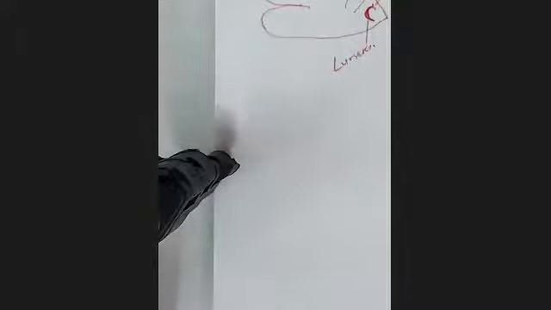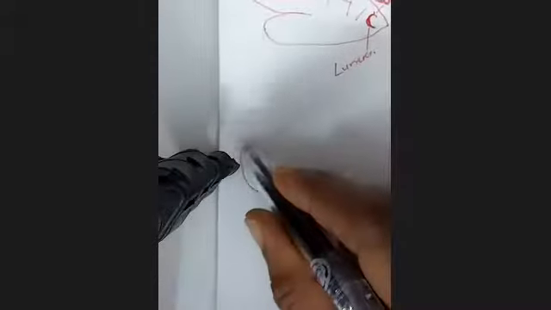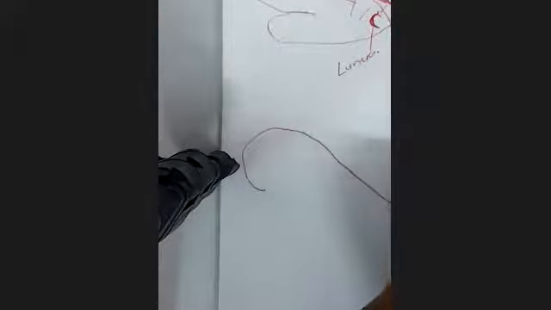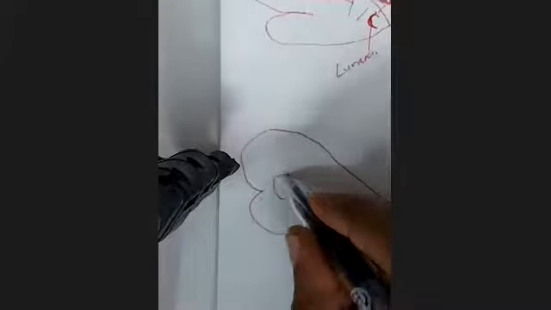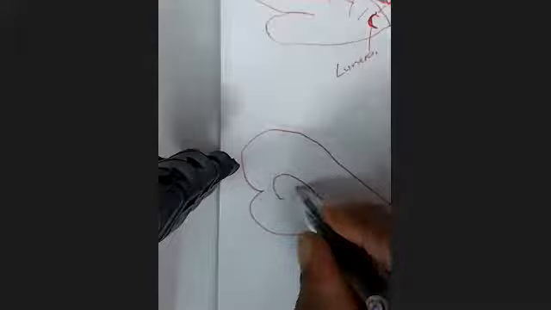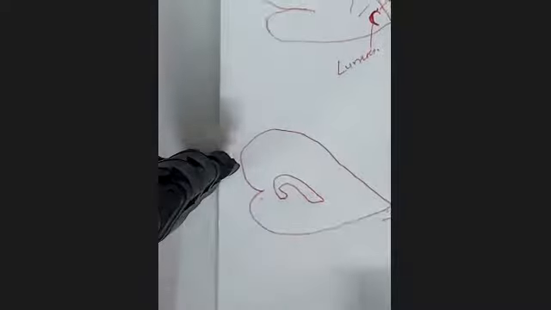Now let us go to the medial surface and see how the sulci and gyri are there on the medial surface. On the medial surface, mainly what we see is corpus callosum.